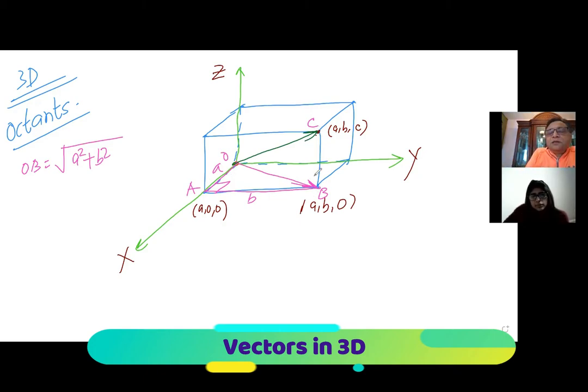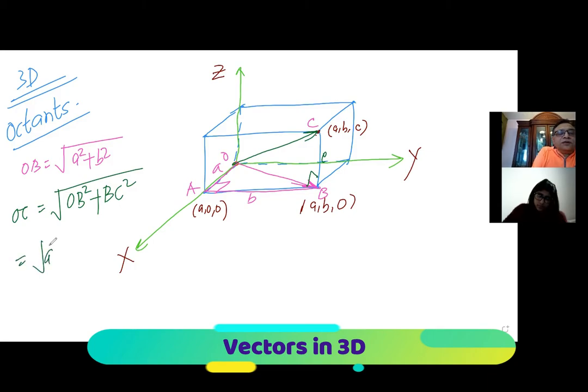Now, to find this particular distance, I know this is at right angles, and this height is C. So O to C is equal to the square root of OB square plus BC square. OB square is A square plus B square, and BC square is C square.